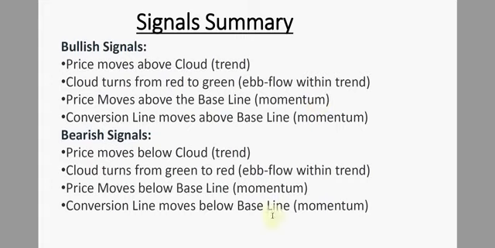For a bearish signal, price moving below the cloud, that's a trend. Cloud turning from green to red is also telling us that we are bearish. Price moving below the baseline is a bearish signal, and the conversion line moving below the baseline is also a bearish signal.